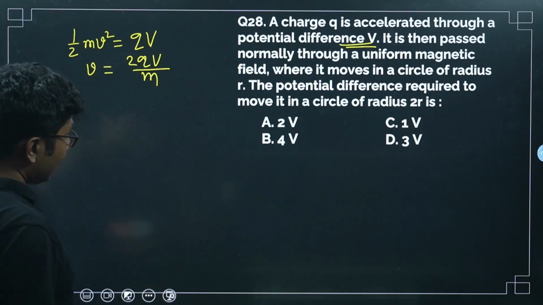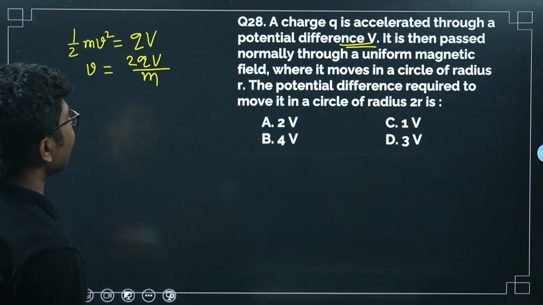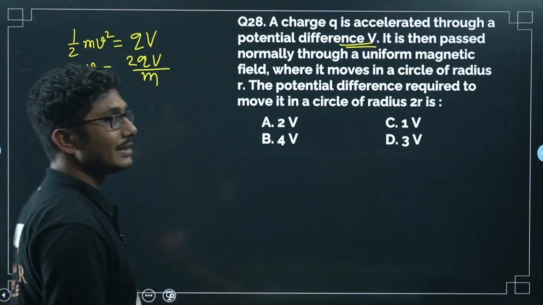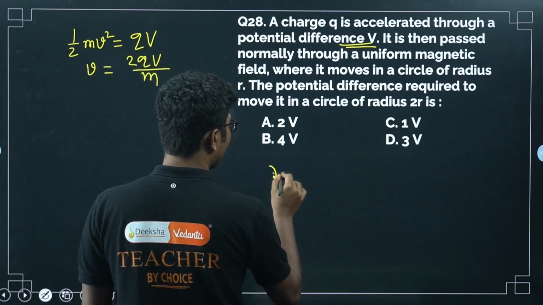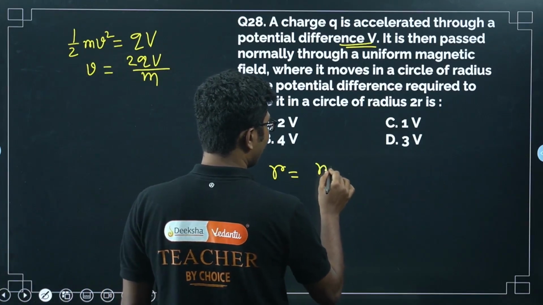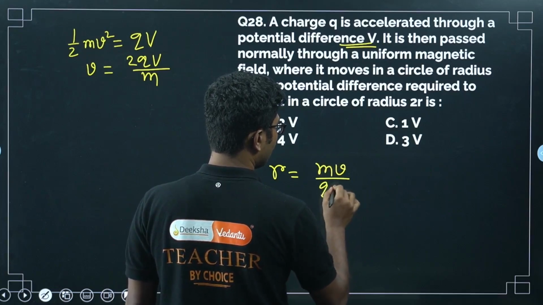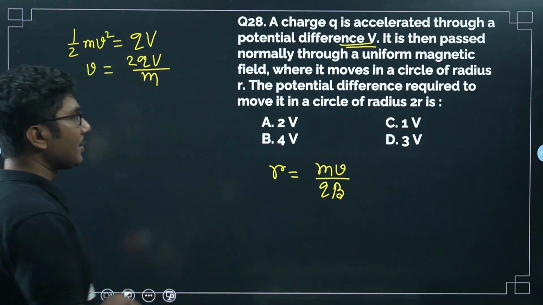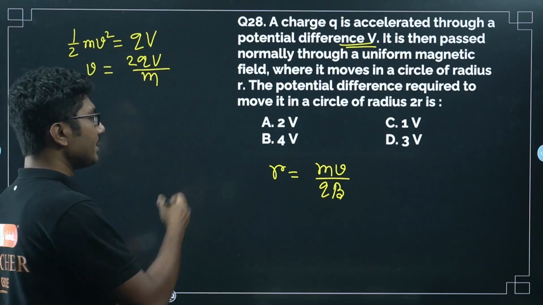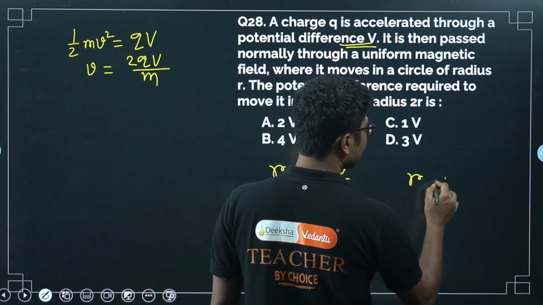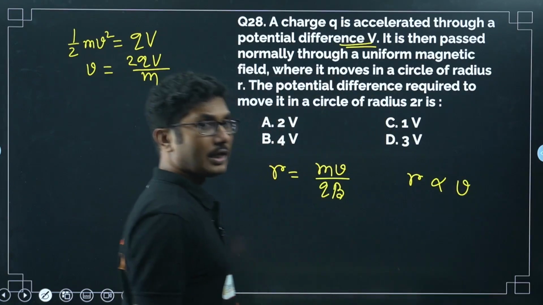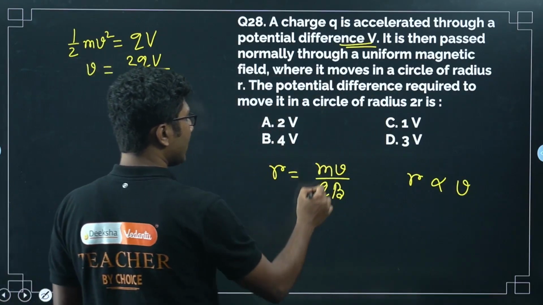So v equals square root of 2QV by m, right? This is the velocity. Now they have said that you want to increase the radius of the circle to 2R. What we have calculated in the previous problem, R equals mv by QB, right? In so many previous problems we have used this formula. So R is basically proportional to the velocity, if m and QB are constant, obviously.